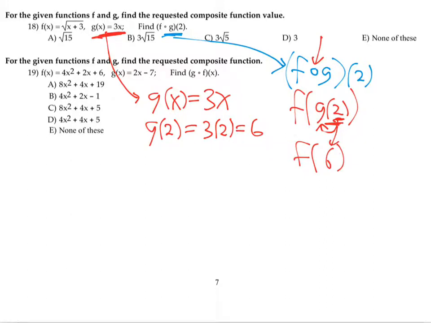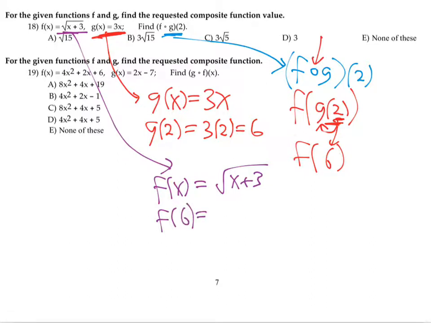Now we've got to put 6 into the f function. Here's the f function. f of x is the square root of x plus 3. So if we plug in 6, we get the square root of 6 plus 3, square root of 9, which is 3. There it is.